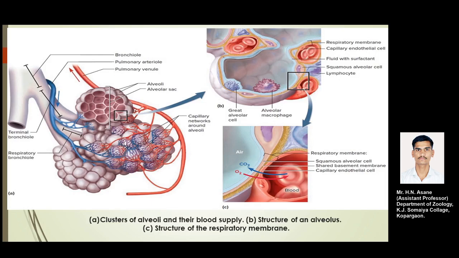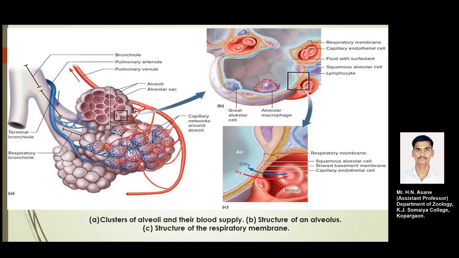And what you will see in the structure of one single alveolus: that single alveolus contains the great alveolar cells. They also contain the alveolar macrophages. And the lumen, that empty space, is vacant for the purpose of gas going in and out.